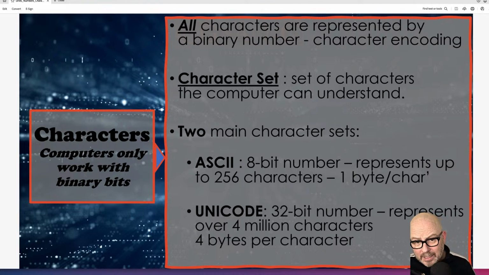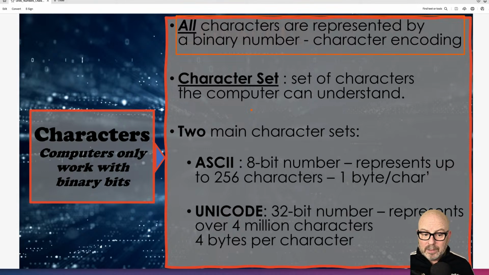If they ask you a question, they're going to be riffing off the fact it's a set of characters that the computer can understand. And the other thing is that in a character set, whether it's ASCII or Unicode, each character, so A, B, C, D, A uppercase, A lowercase, spacebar, left arrow key, exclamation mark, every character you need, is represented by a binary number.